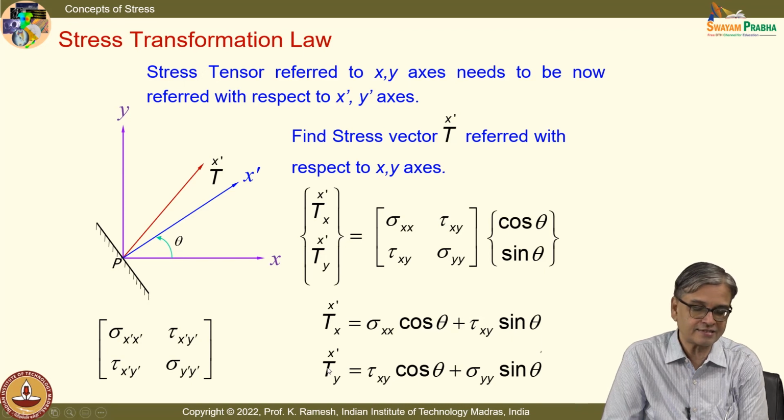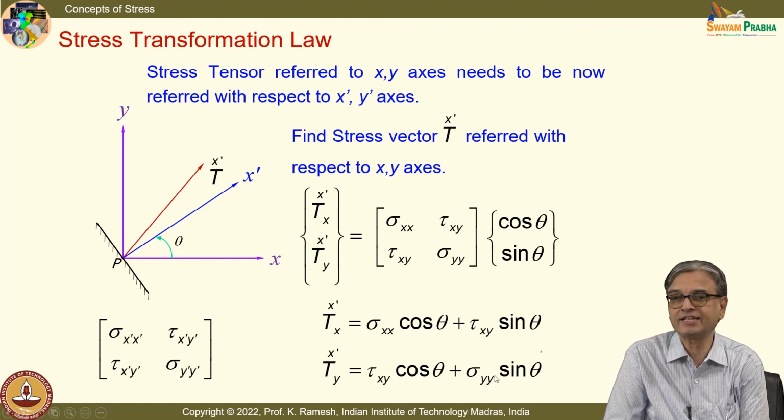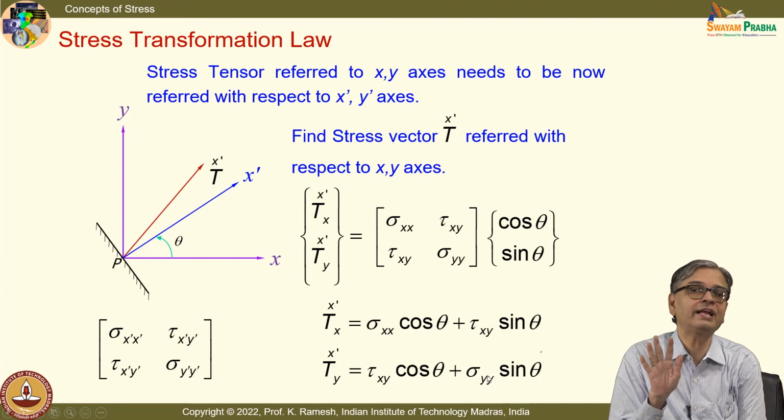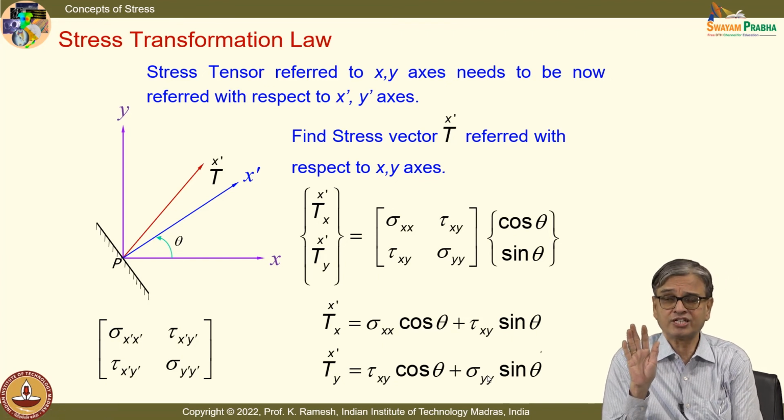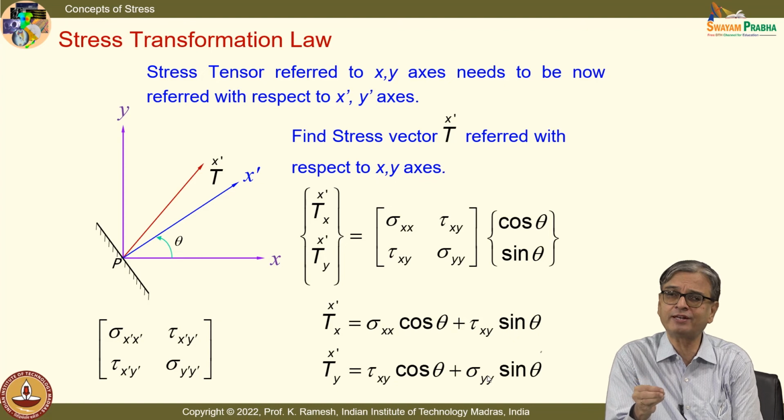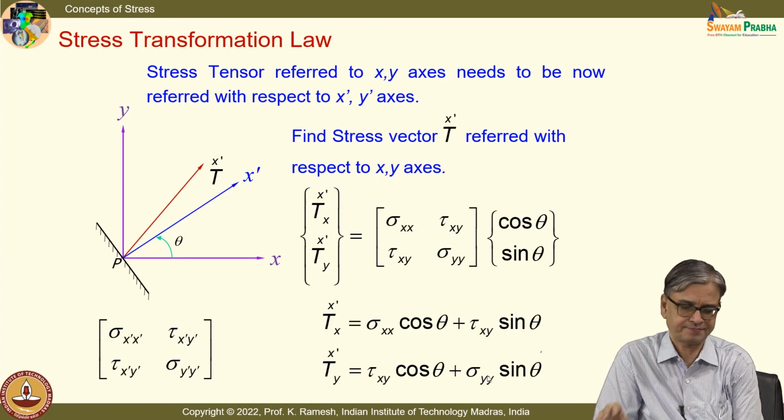And I get Tx prime y equal to tau xy cos theta plus sigma yy sin theta. So I have determined the stress vector on the plane x prime. There is no difficulty. We have just applied Cauchy's formula which we developed in the previous class.